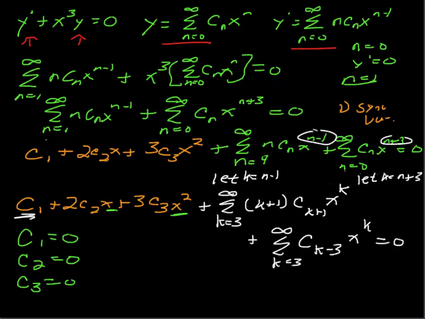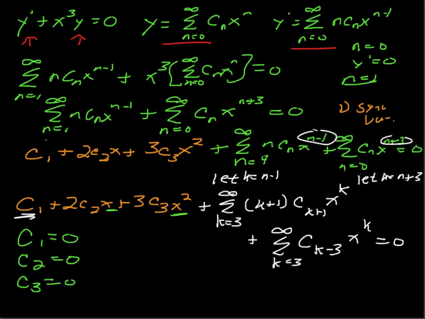Now for the summation part, you can factor out an x to the k, which means that if you take x to the k and factor that out of each of these and put a sum with each of them, all those coefficients have to equal 0 as well.